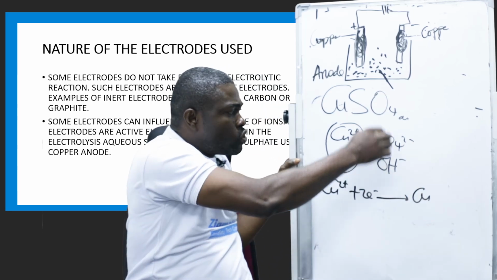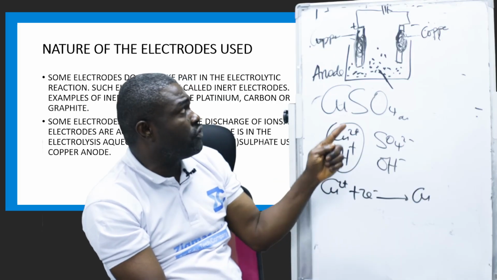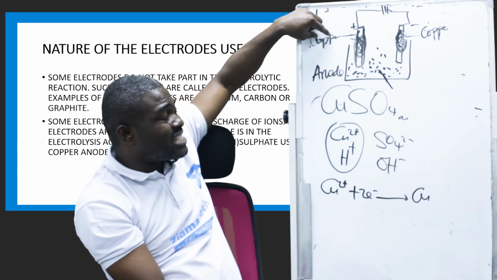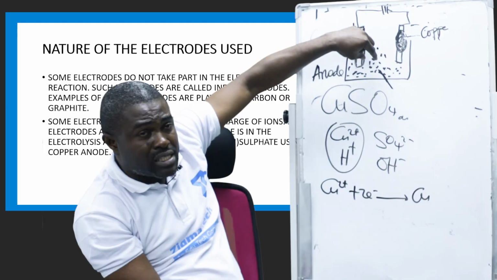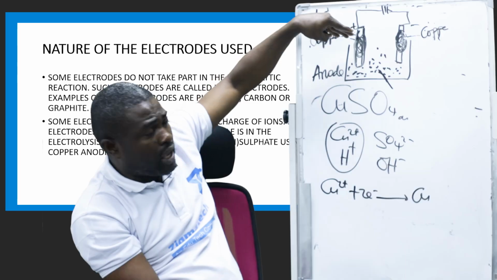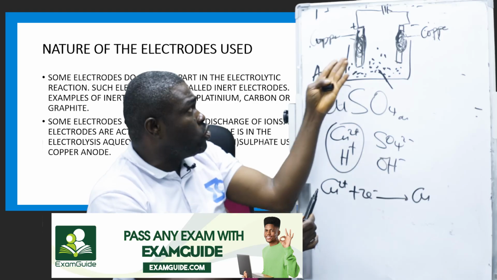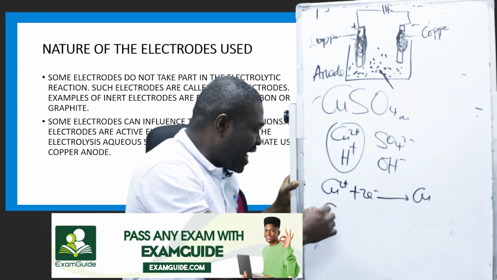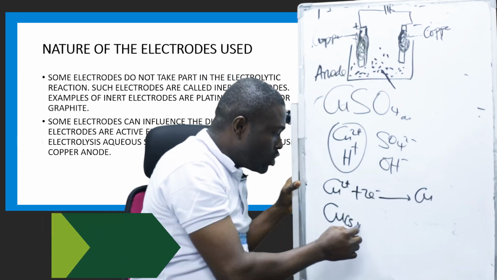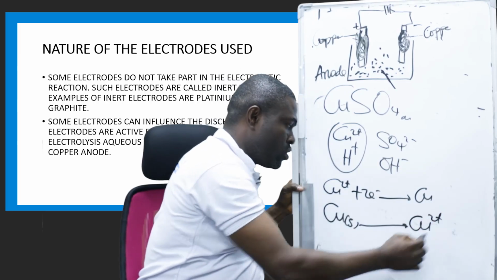Right? These two, where are they supposed to be going to? They are supposed to go to the positive electrode. But because what is here is copper, which is an active electrode, these two will remain inside this place. Rather, this copper solid, where the electrode is constructed using copper, will dissolve inside this place to produce copper 2.